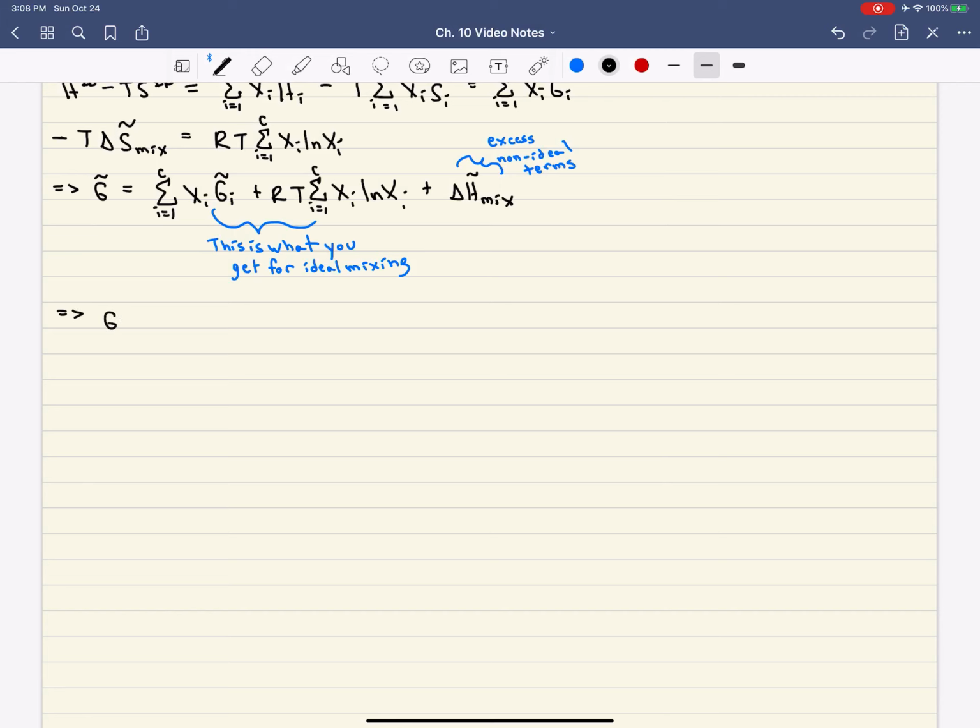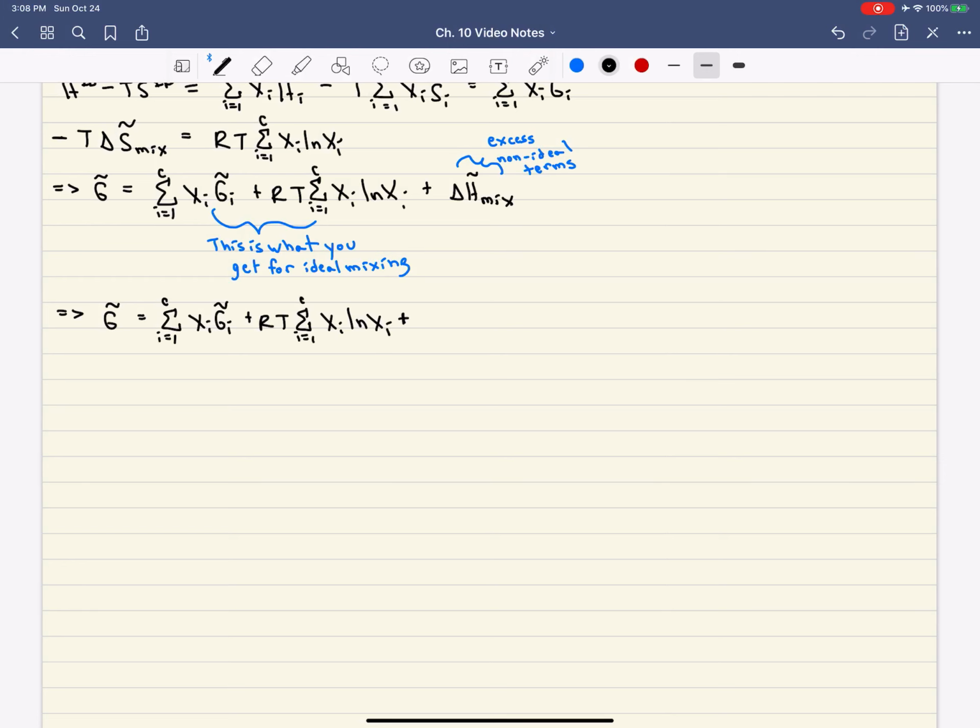And so when we think of the molar Gibbs energy for the entire mixture, we could rewrite it like this: the sum over C components of xi gi plus RT summation xi ln of xi.